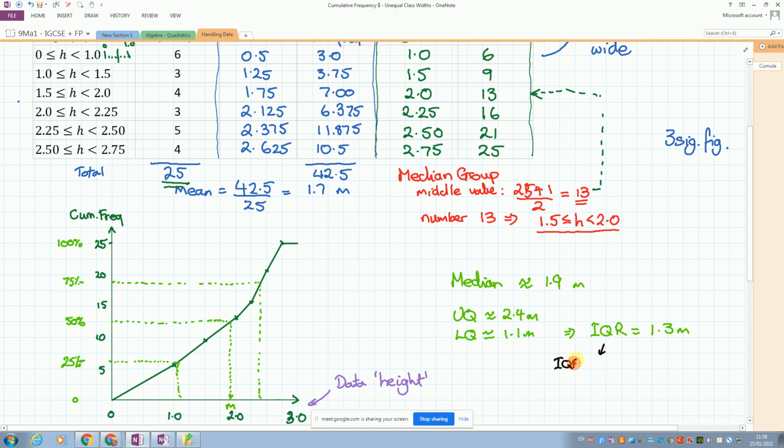IQR is normally better than the range because the range includes extreme values, extremely large ones, and we're trying to find out typically how well grouped things are. So typically means I don't particularly want to know about extreme values. That's the purpose for them.